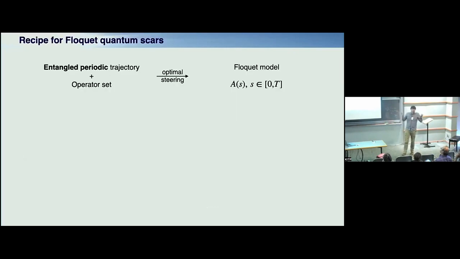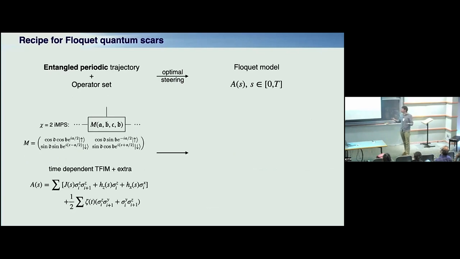So now I have a Floquet scar recipe. I take an entangled trajectory, I take an operator set, and I generate A of S by finding the most optimal values of these couplings that bring me onto this trajectory. And that's going to be a Floquet system that implements this driving. So can we do it? Well, let's do it for Ising. Let's take some MPS, one dimension, too small, but generic, it is entangled.